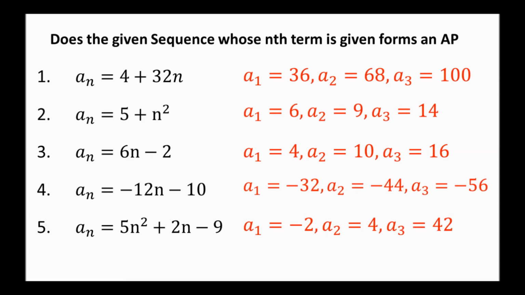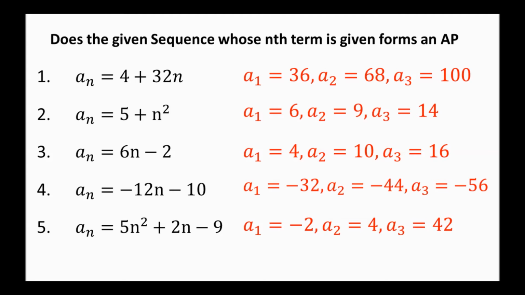And let us observe, in the first case, the difference between the second and first term is 32, and the difference between the third and second term is 32, means the common difference is the same in the first case, whereas in the second case, the difference between the first two terms, that is 9 and 6, is 3, and 14 and 9 is 5, so the common difference is not the same. The second one is not an arithmetic progression.